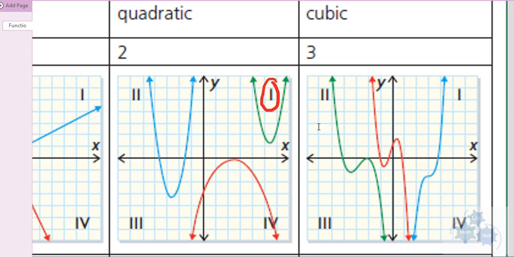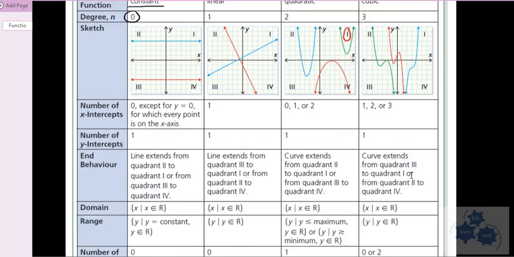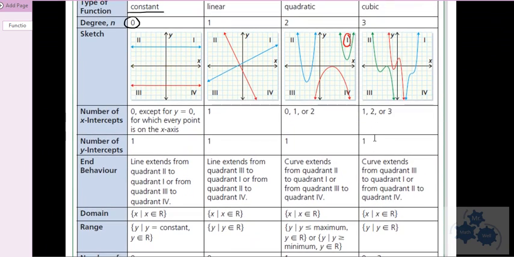And here's the cubic. So we can see that there are 2 intercepts on this green one, 3 intercepts on this red one, and just 1 on this one. Anyways, this will take a little bit of work for you to work through, because it's a big section.